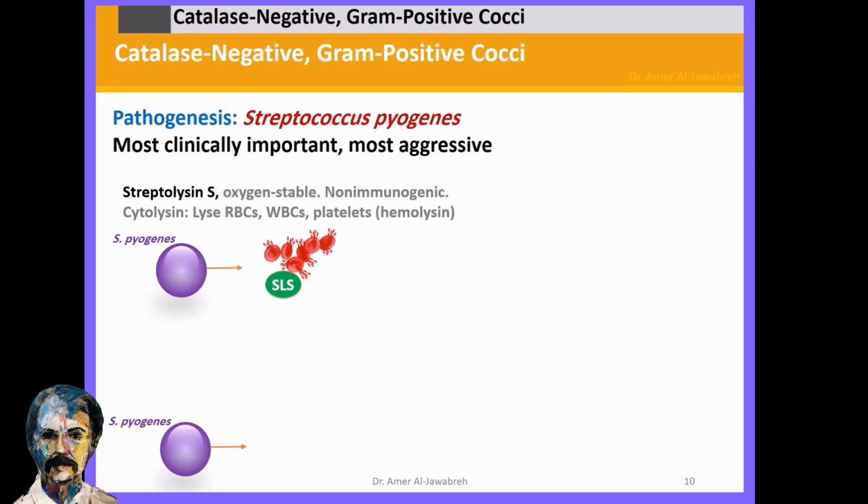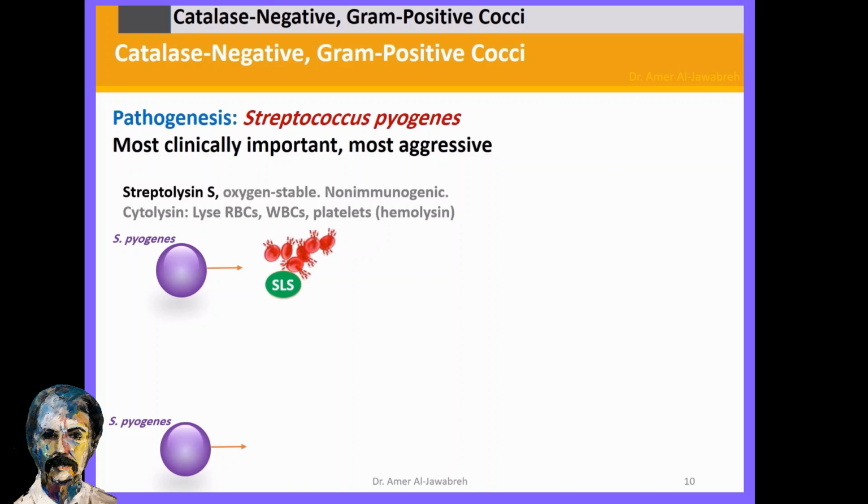Does not elicit antibodies. Cytolysin. It destroys the human cell. This is a toxin that destroys our host cells, such as RBCs, white blood cells, neutrophils and others, and platelets, thrombocytes. This cytolysin, usually called hemolysin, destroys these RBCs.